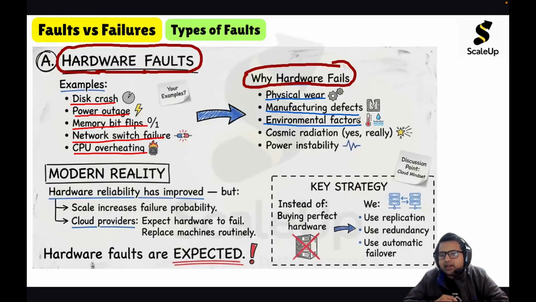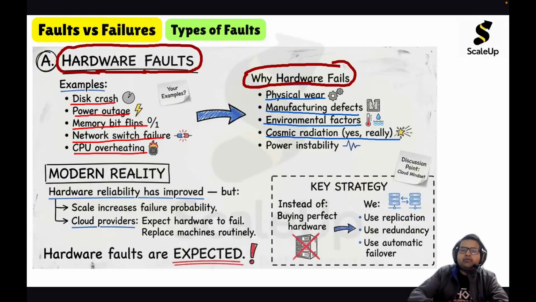Environmental factors, like if the outside temperature is very high, then CPU overheating might occur. Cosmic radiation: under very high frequencies, a memory bit might get flipped, and hence data might get corrupted. And power instability, because of which hardware might also fail. So hardware fault is very clear to us when there is any defect or abnormal condition in the hardware, and why it occurs is also very clear.